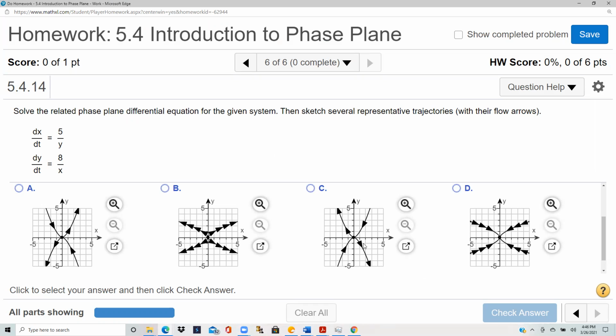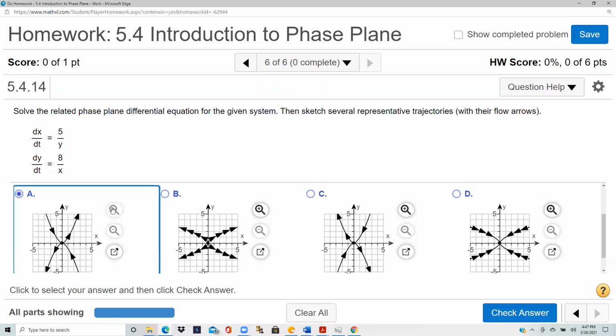So now the only difference between A and C is that of the direction. So let's see which direction we will have. In the first quadrant, y is positive. So dx over dt will be positive. So it means x should increase. So this is increasing x, whereas here x is decreasing in the first quadrant.